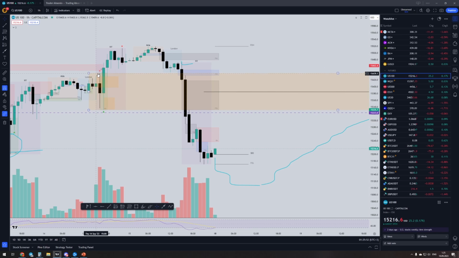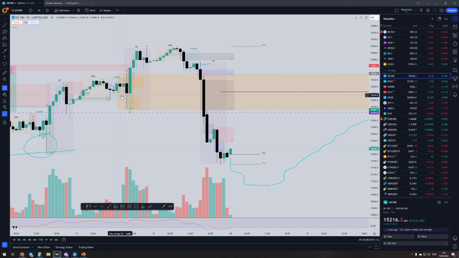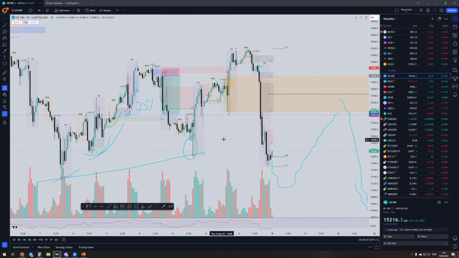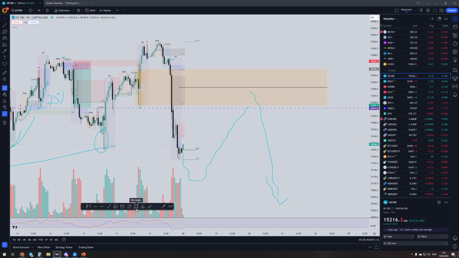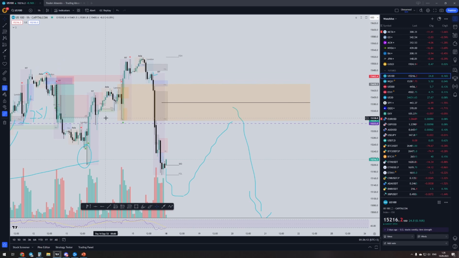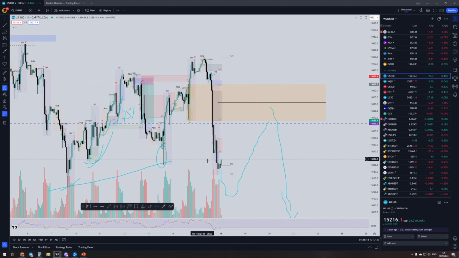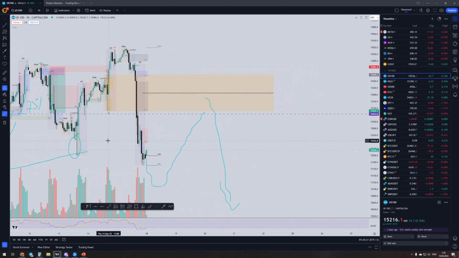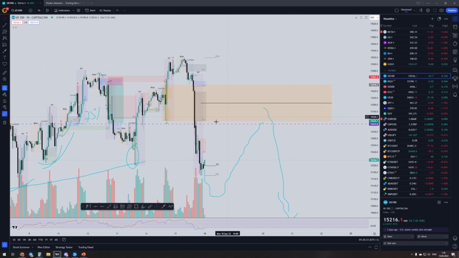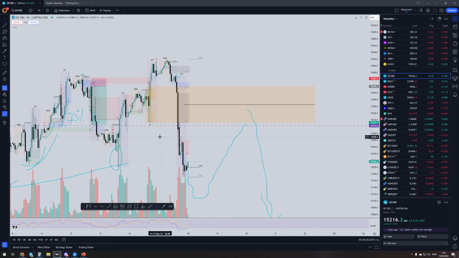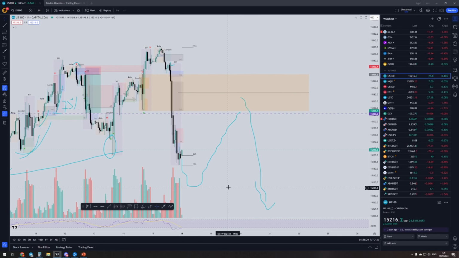It was only tested by a touch, but it can still be useful in our analysis. You can use instruments like a rectangle just to mark it on your chart to see it more clearly, because on different time frames some figures will look completely different.